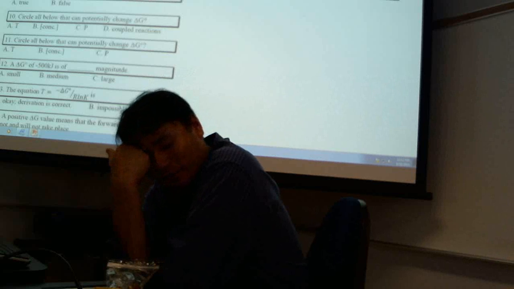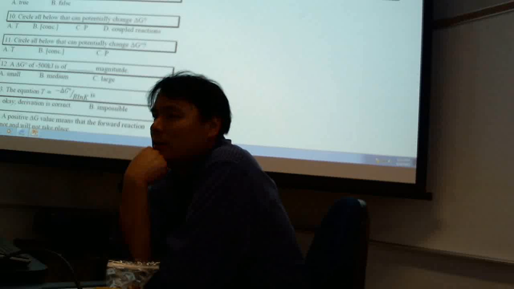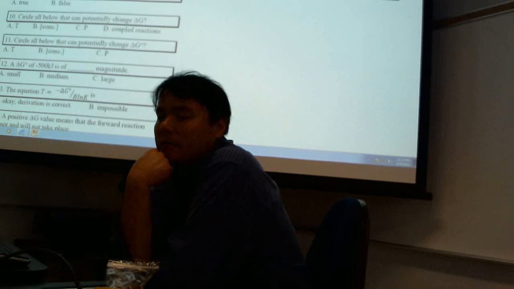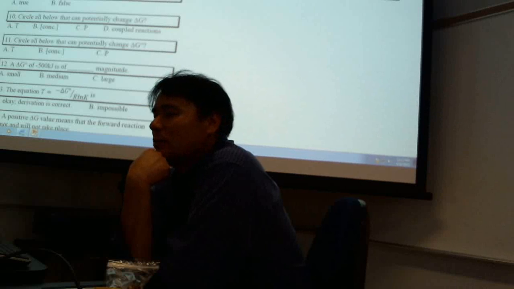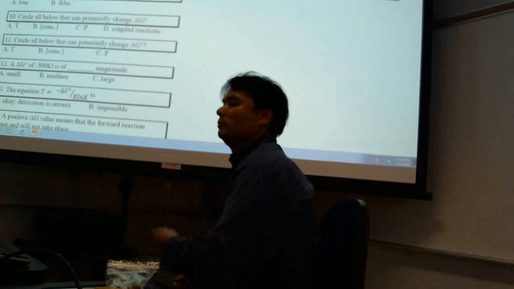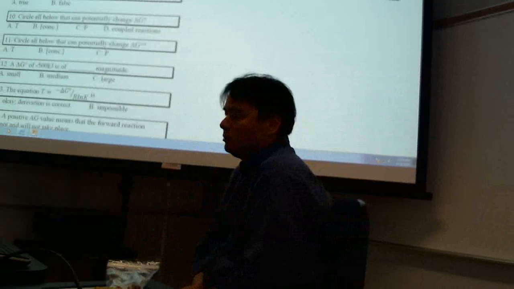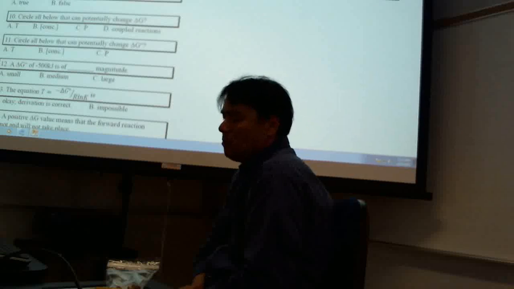I think I asked people to memorize between 50 and minus 50. For spontaneity, between 50 and minus 50 it doesn't really favor one side or the other. But once we get above 50 or below minus 50, then we have a strong driving force one way or the other. So 50 to minus 50 is typical. Anything outside of that is either unusually high or unusually low.